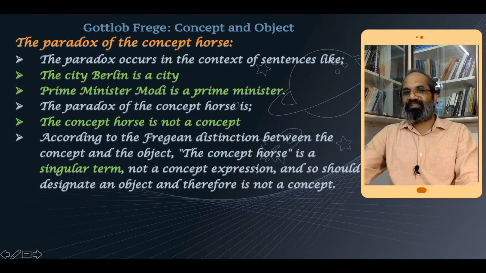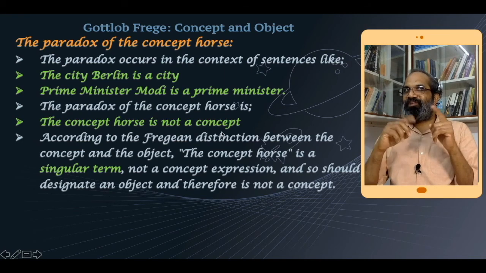So it's not a concept expression and should designate an object, and therefore is not a concept. So this becomes true in the context that when we say the concept horse, it is used as the subject term of the proposition. The subject term of the proposition is an object, so it cannot be a concept. So we deny it to be a concept. So the concept horse is not a concept.